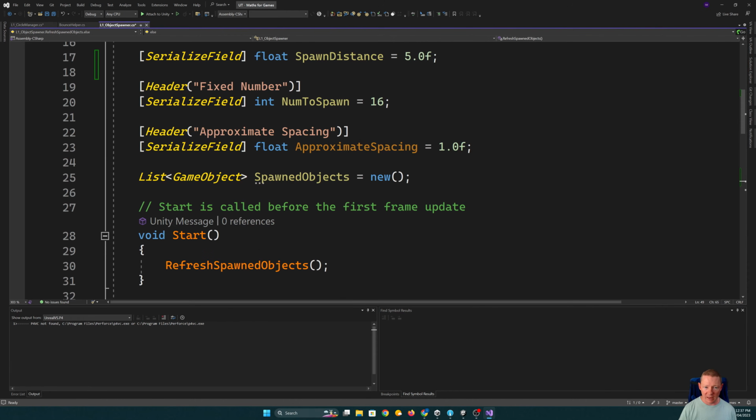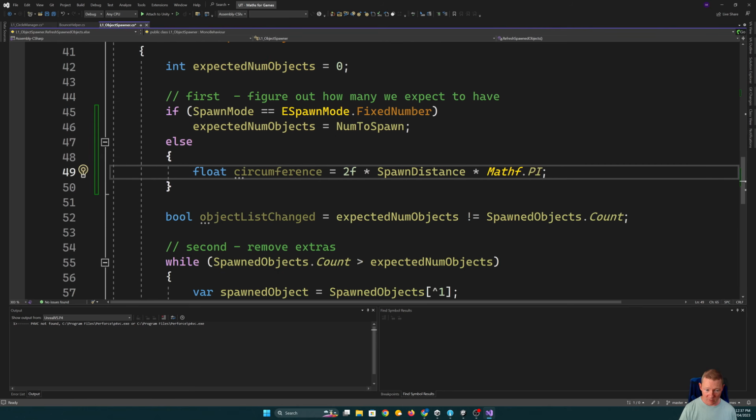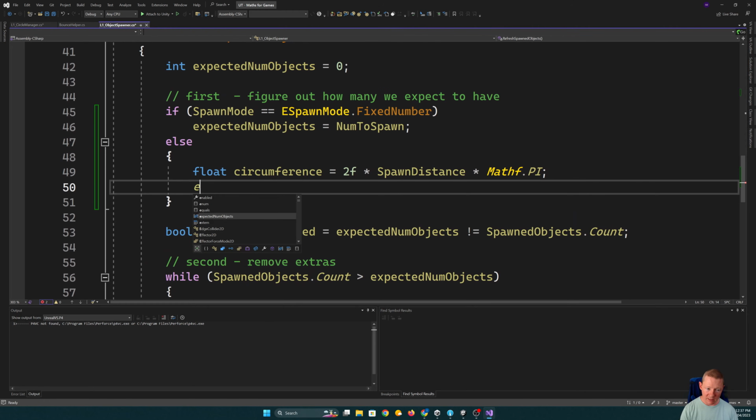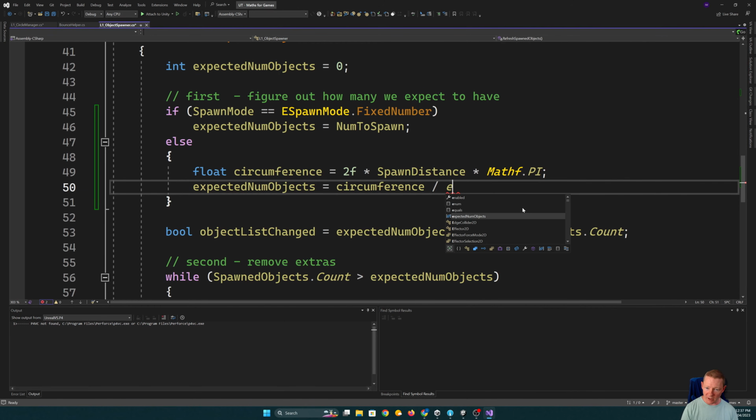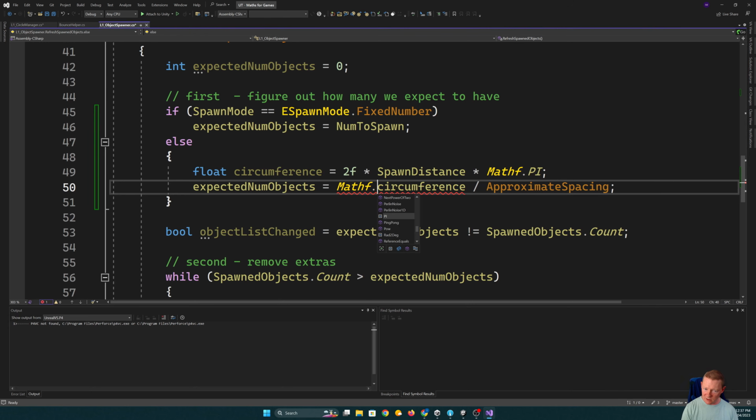Now we have an approximate spacing, so our expected number of objects is our circumference divided by our approximate spacing. I'm going to make it round to the nearest integer. It might be a slightly larger or slightly smaller spacing, but it's going to be as close as it possibly can be to where it needs to be.